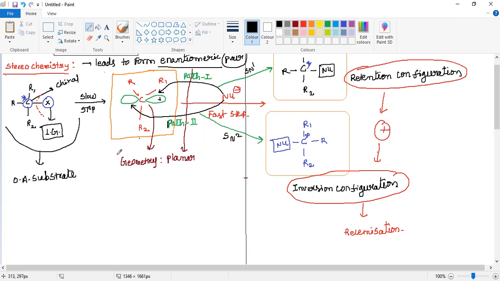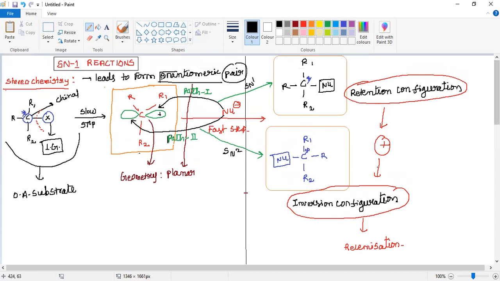Racemization is followed by that optically active substrate which is converted into an enantiomeric pair. Which one is converted into what? As an enantiomeric pair. ఏంటా pair? ఇదిగో ఒకటేమో retention configuration, another one is inversion configuration. ఆ mixture ని what we say beta? Racemization. Clear?